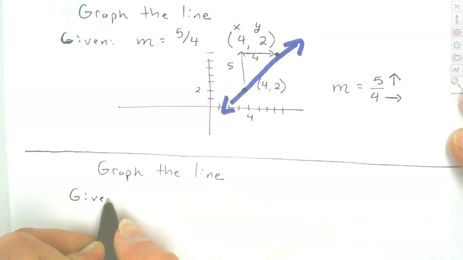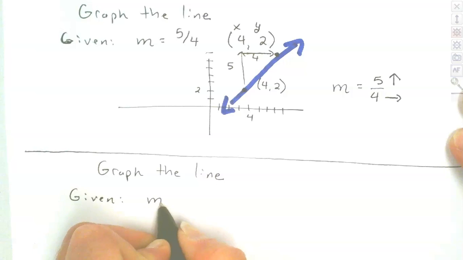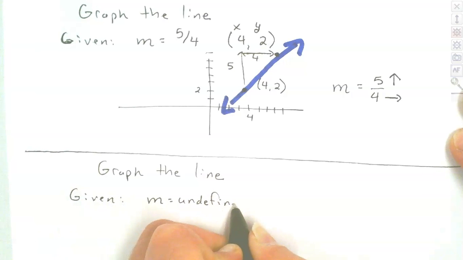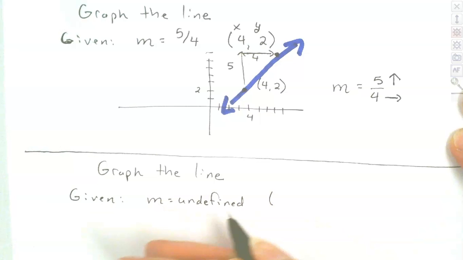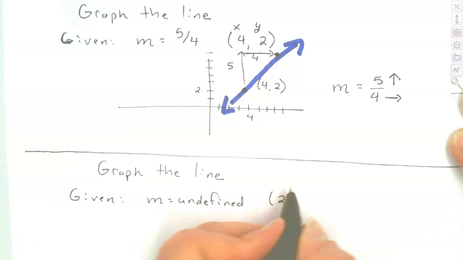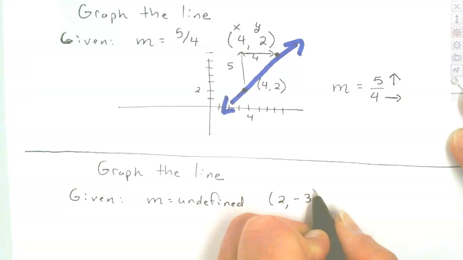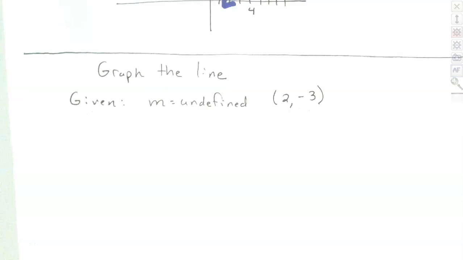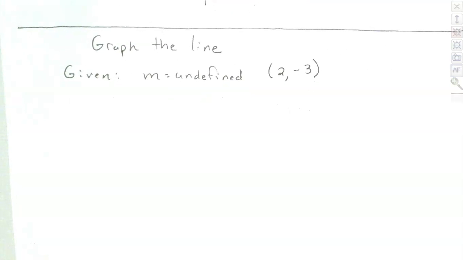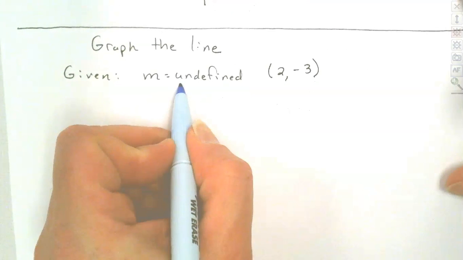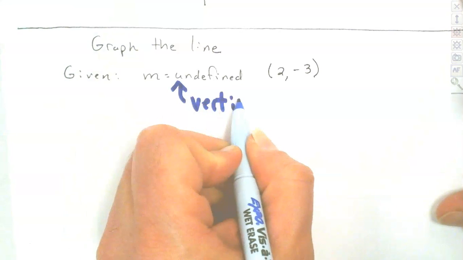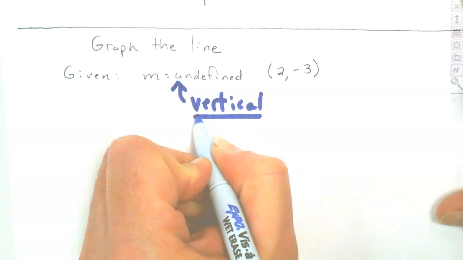And let's say you're given a slope that is undefined, and we've got the point (2, -3). So we know that an undefined slope is going to be a vertical line.